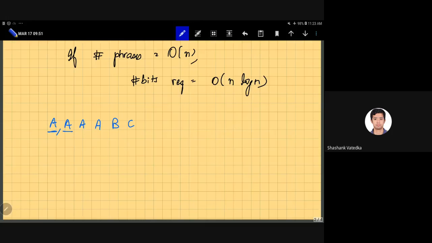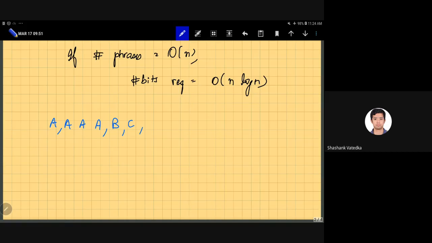But then if I look at AA, this matches with this AA, right? So if I only impose that the location of the match should be less than or equal to i, then I could potentially get a smaller number of phrases. So for example, one encoding: I could say that my first phrase is A, my second phrase is AAA, my third phrase is B, and my fourth phrase is C.